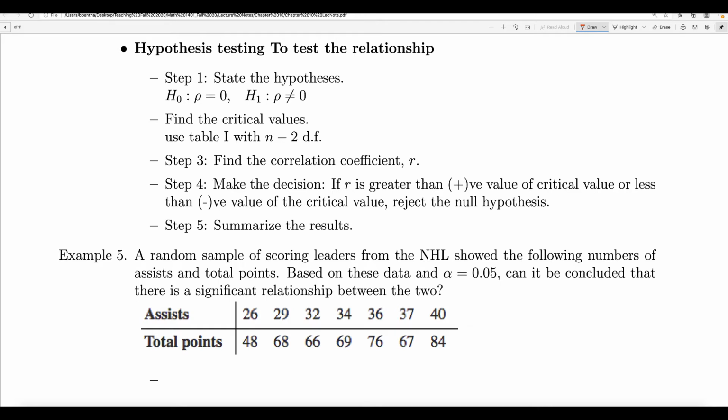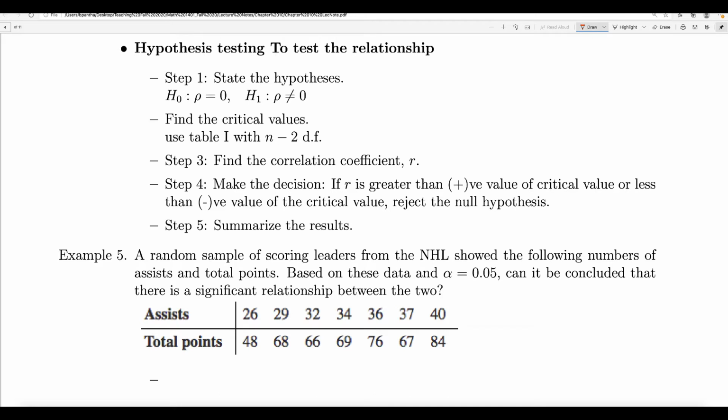So from the sample we got the correlation coefficient this much. Can we apply that to the population? For example, suppose the sample correlation coefficient is positive 0.7. That means there is a strong positive linear relationship between X and Y. But is that true in the population?